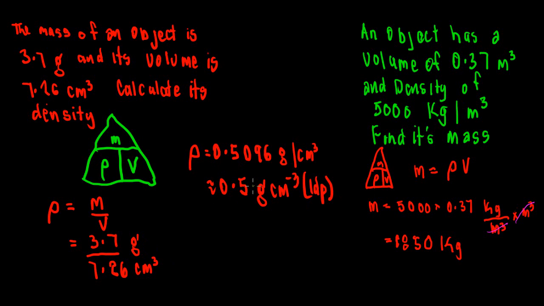Now I have rounded that to 0.5 grams, to one decimal place, because the lowest count of the data is one decimal place here. 3.7 grams, this is 7.26, but this is the lowest. The least accurate measurement is the cutoff for what we round to.